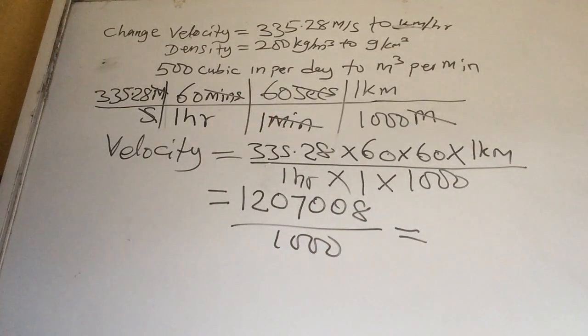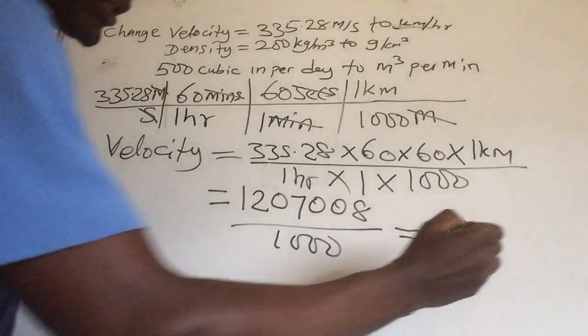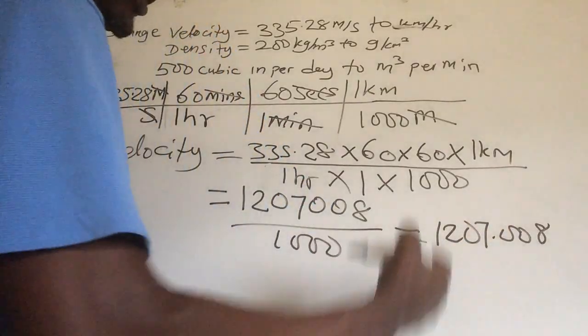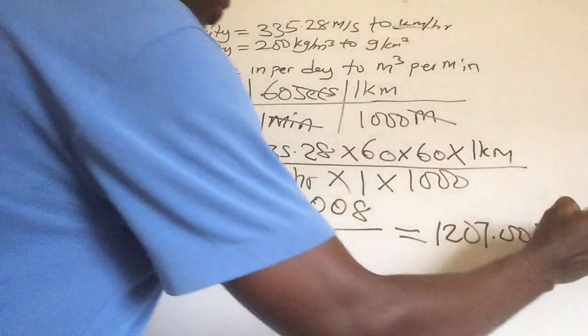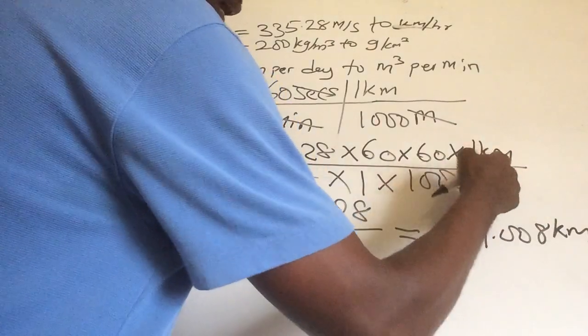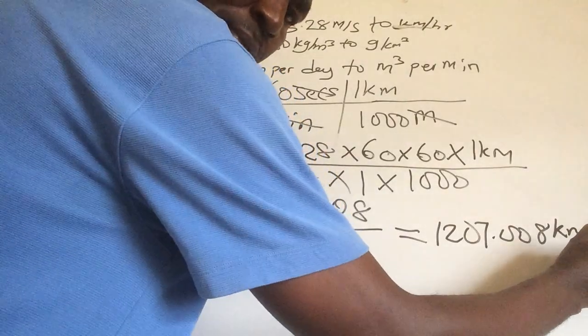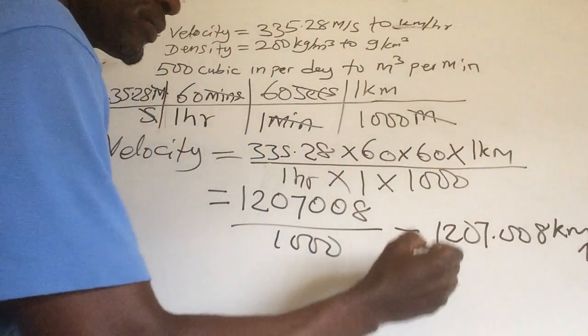When you divide, it gives 1207.008 kilometer per hour. Let me write it well.